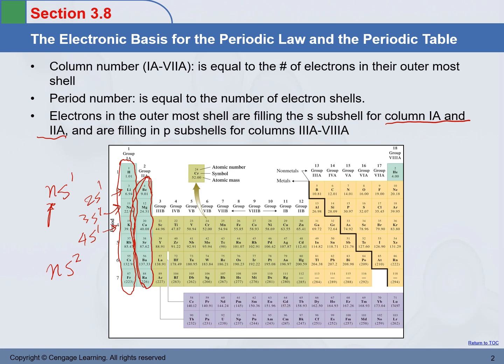So starting from 3A to 8A, electrons will begin to fill in the P subshell. P can hold up to 6 electrons. That's why P has 6 columns here.